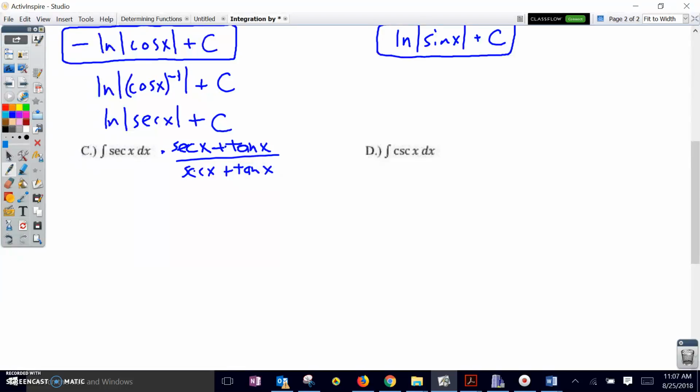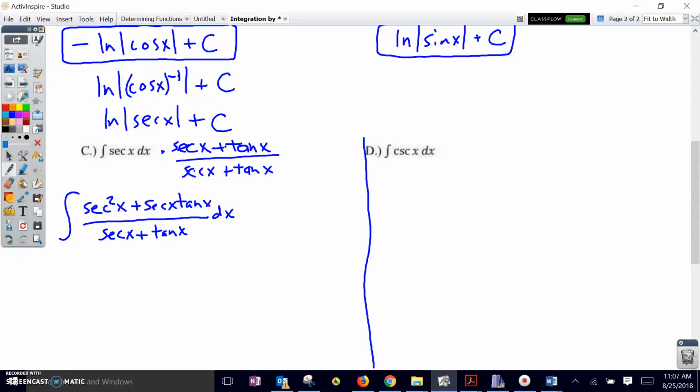And that turns this into the integral of secant squared of x plus secant of x tangent of x all over secant of x plus tangent of x dx. And now I'm going to handle this using substitution. And much like when I typically substitute, I want to substitute what's in the denominator.